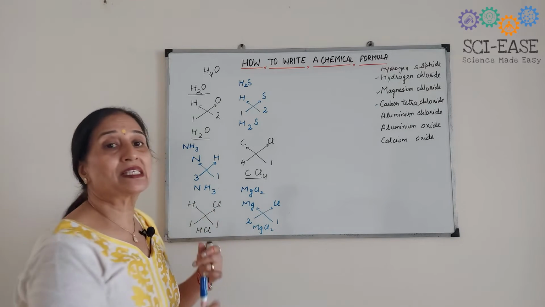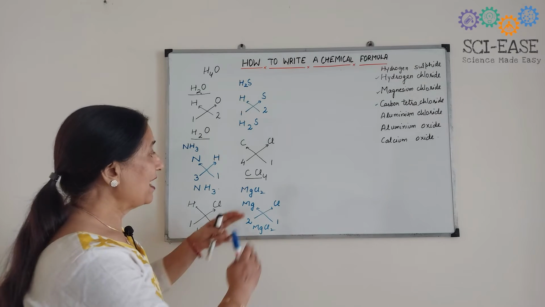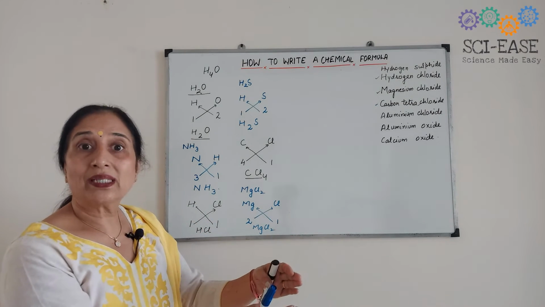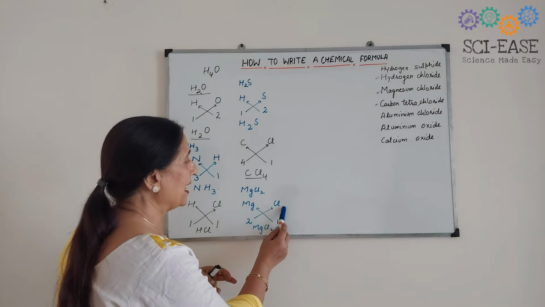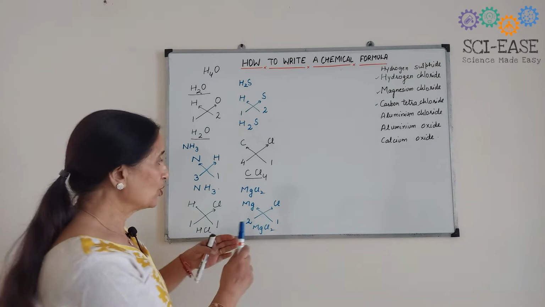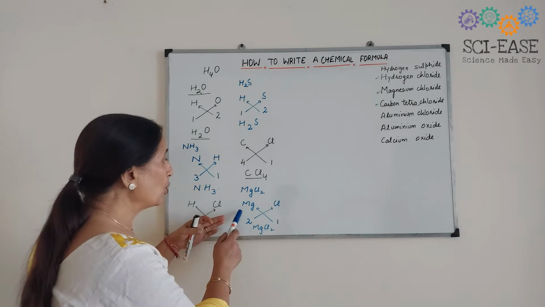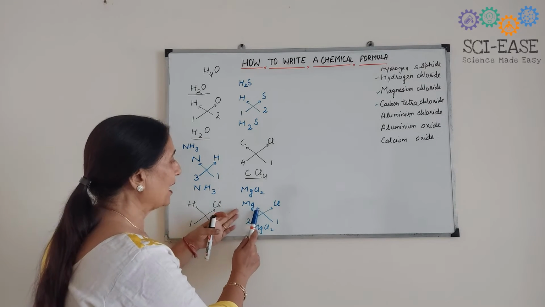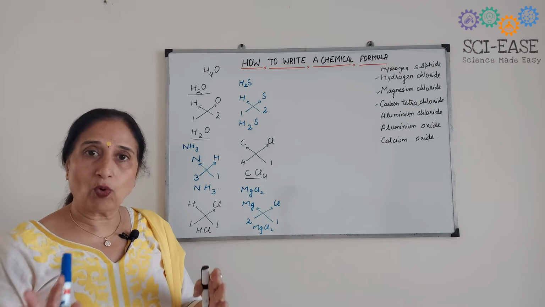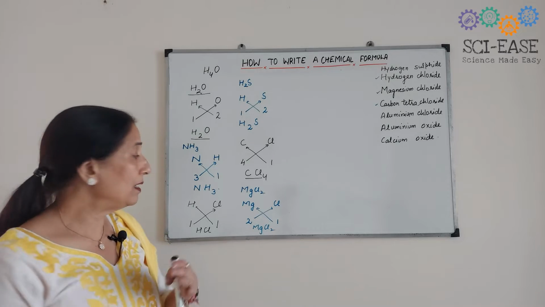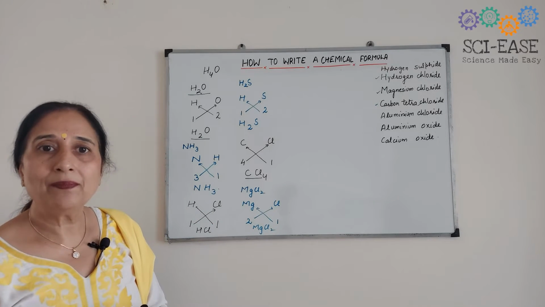Cations are always written on the left hand side and anions on the right hand side. We will not write Cl first and Mg after. It is not chloride magnesium, it is magnesium chloride. So the second rule is that you write the cations on the left hand side and anions on the right hand side.